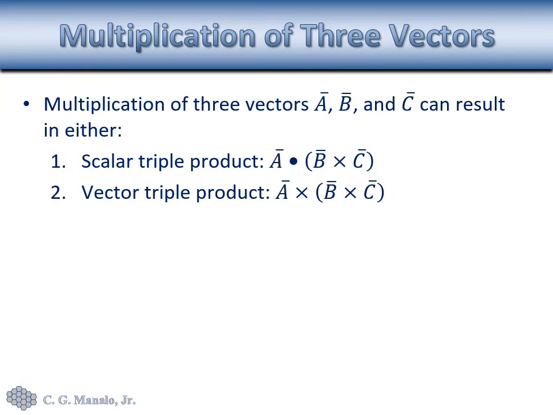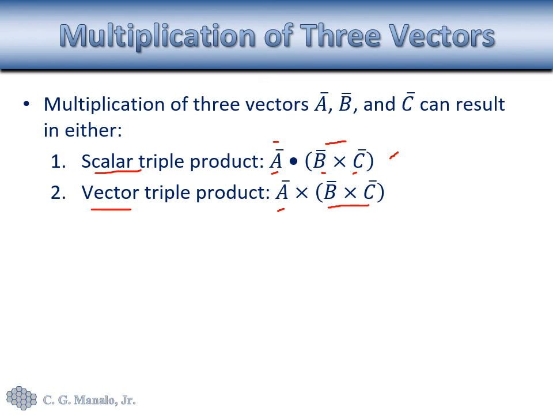We can multiply three vectors. So for example, we have three vectors, and let's say we have B cross C, and the result we dot product with vector A. That means that this one will give a vector, and a dot product with another vector should yield a scalar result. However, if the result of B cross A is cross multiplied by another vector, that will give you a vector result.